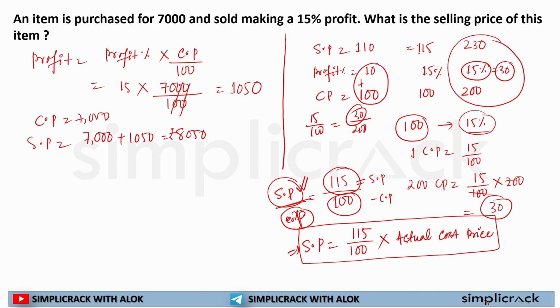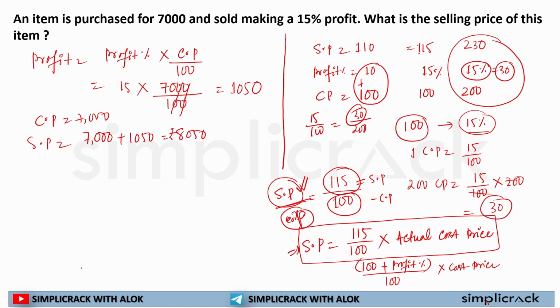So see, 115 is nothing but 100 plus profit percentage divided by 100, multiplied by cost price. This is what I'm writing.